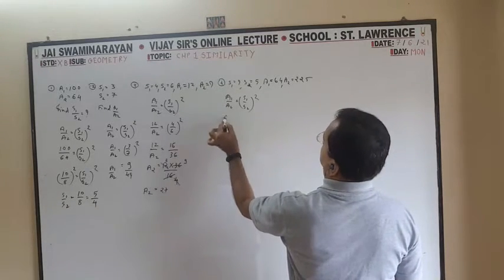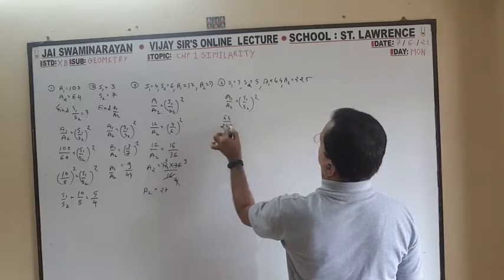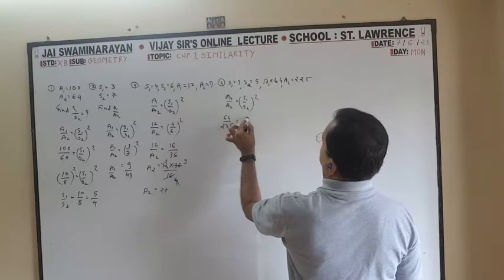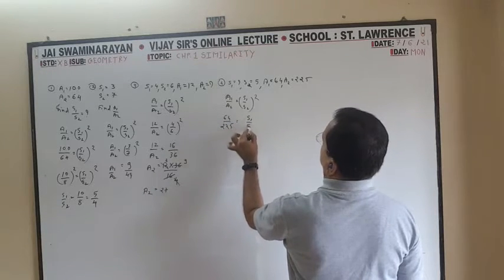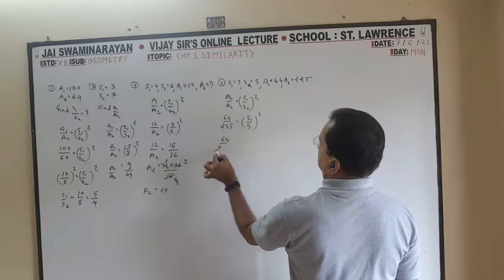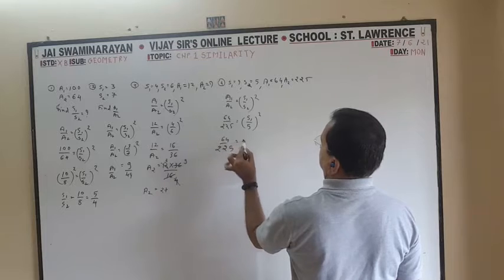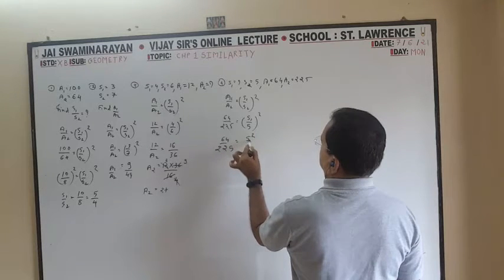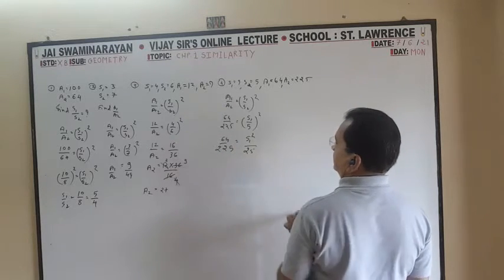So that is 64 by 225 equal to S1 by 5 whole square. So 64 by 225 equals S1 square by 5 5s are 25.